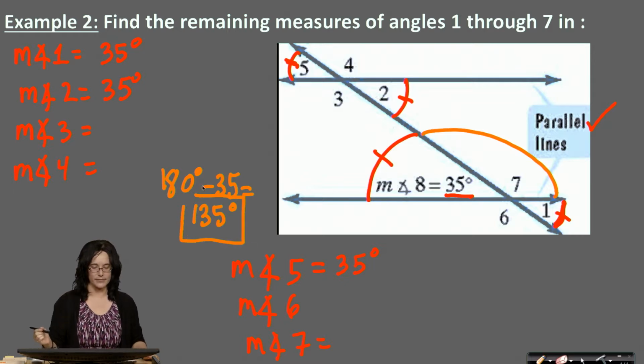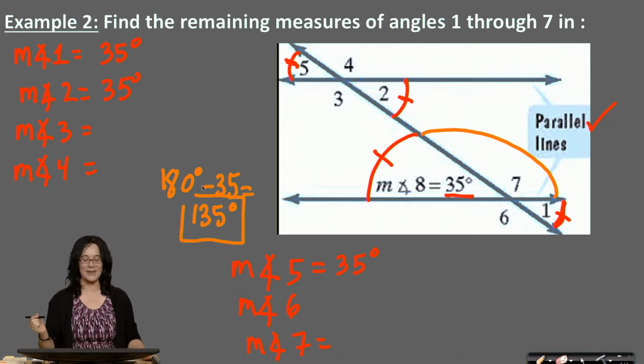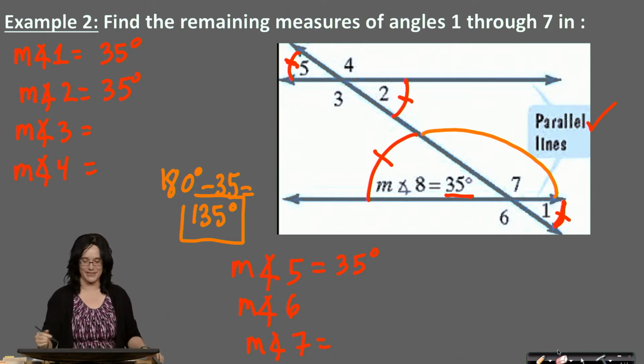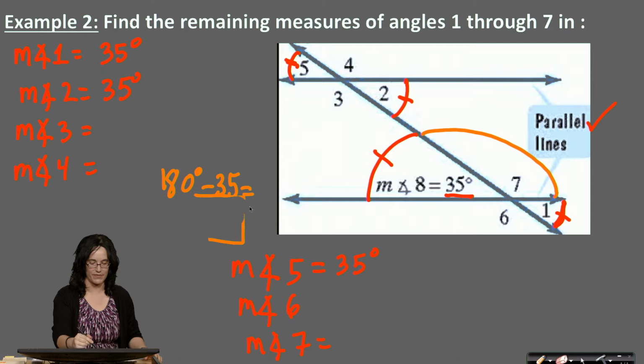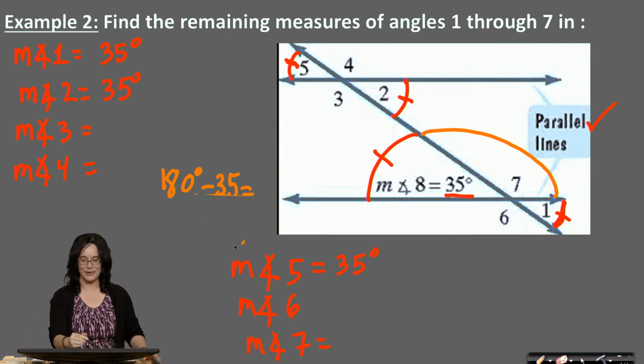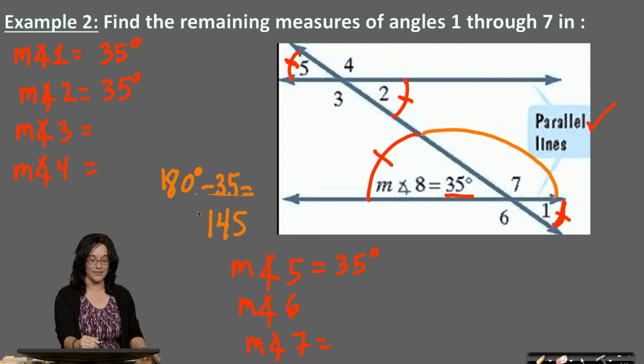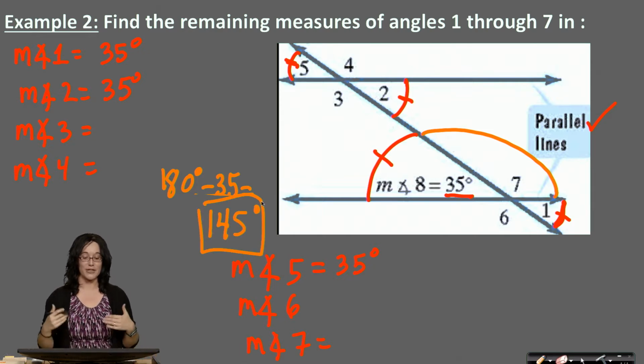Did I say that right? Yes, I believe so. Okay, 145. Let me see if I wrote that right. I think I have 145. That's what I want, 145. Okay, if I have 145 plus 35, that should add up to 180.